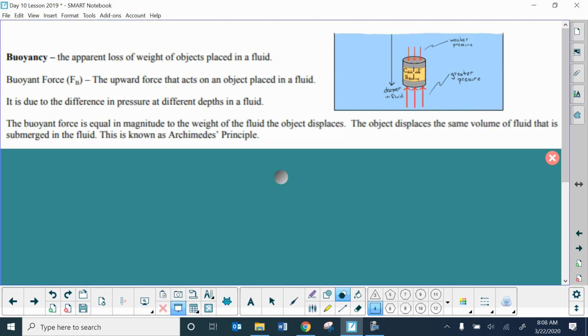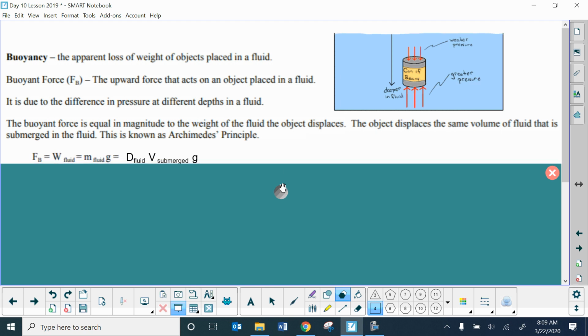When the can is there, it's displacing that amount of water to a new space in the pool. So the object displaces the same volume of the fluid that is submerged in the fluid, and that means the buoyant force, the force that's pushing upward there, is equal to the weight of the fluid the object displaced. So that's Archimedes' principle, which you may or may not have heard.